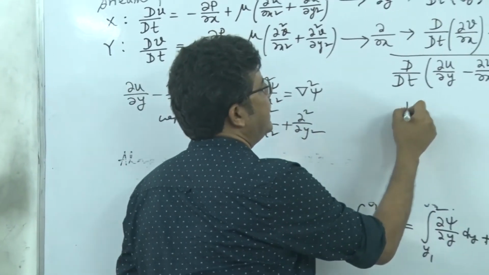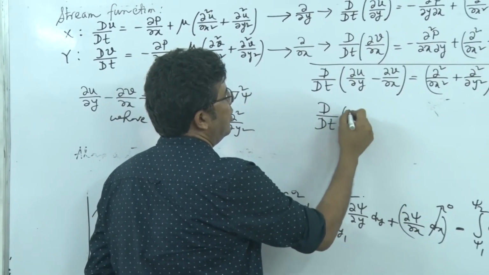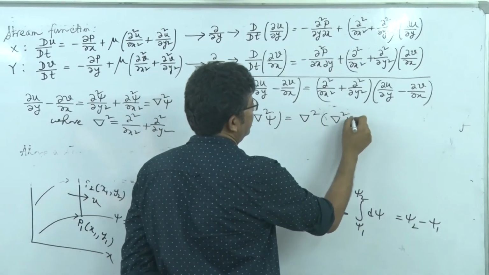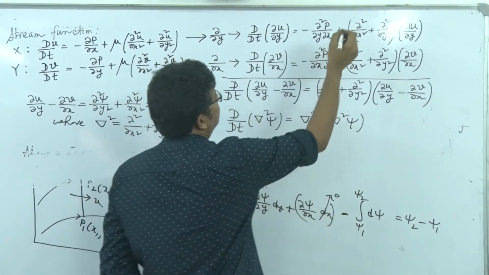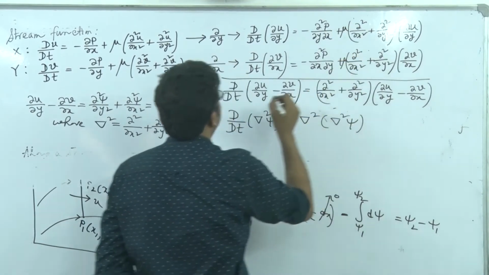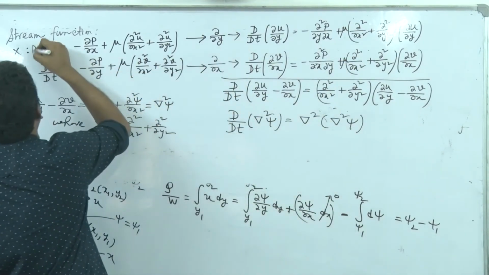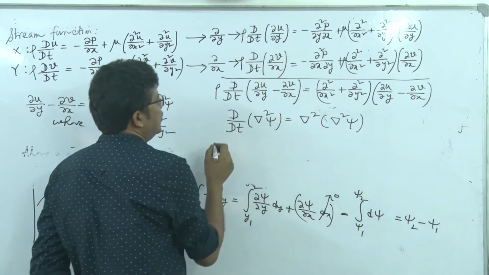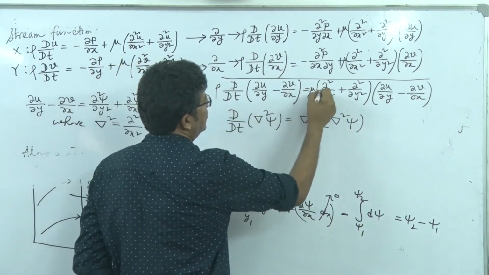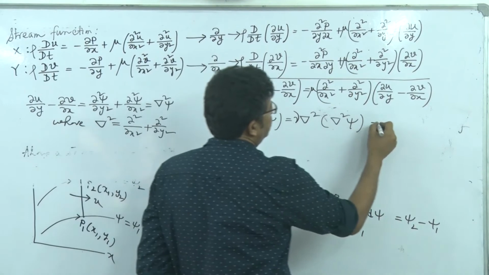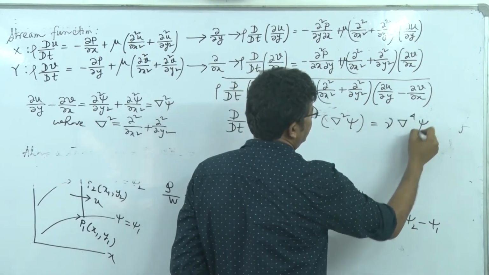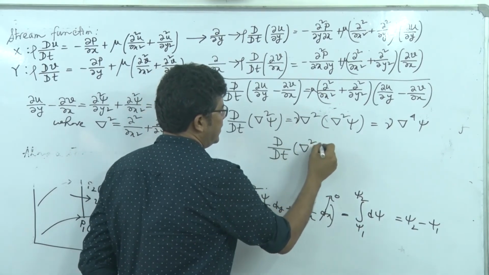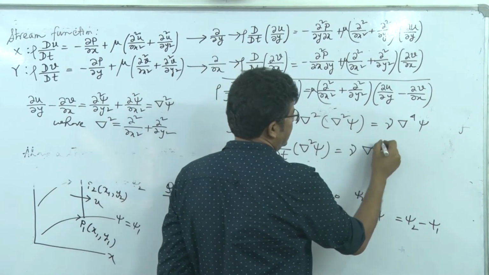So you can directly write that D/Dt of the Laplacian of ξ is equal to the Laplacian of ξ. Here the μ is missing, and here the ρ is missing. So it will be ρ here and ρ here, so this ρ and μ give ν. So it is ν into ∇⁴ψ.